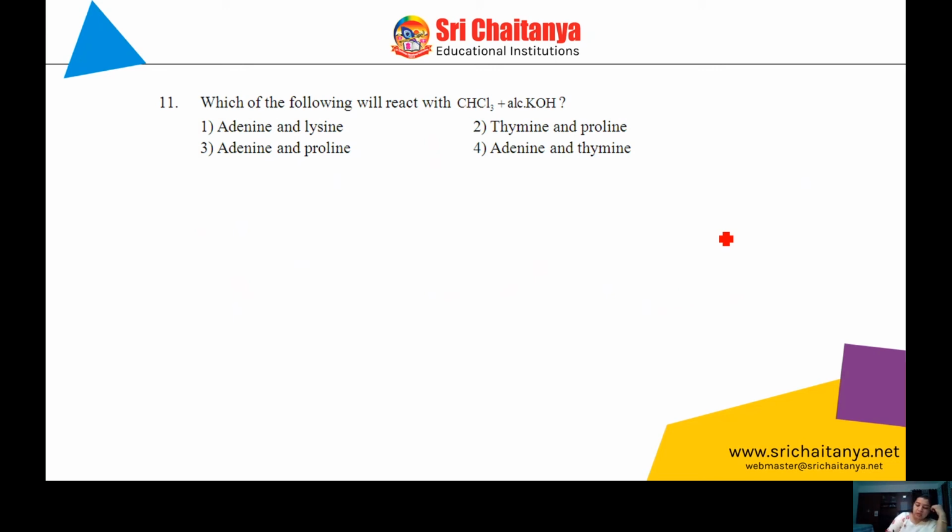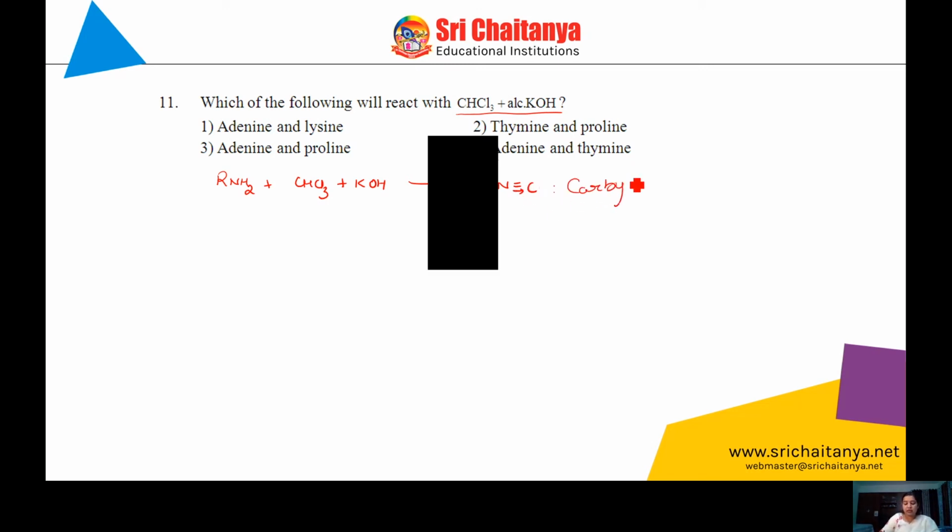Now they say reaction with this. What is that reaction? When primary amines react with chloroform plus KOH, they form RNC. This is a very famous reaction known as the carbylamine reaction.